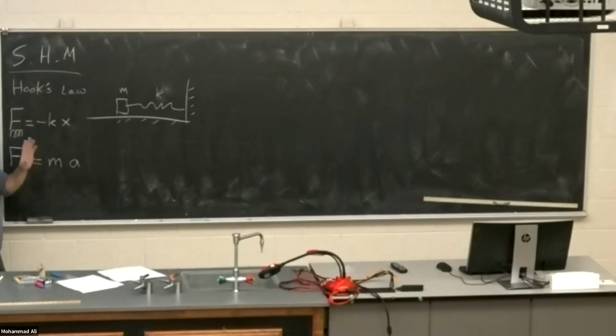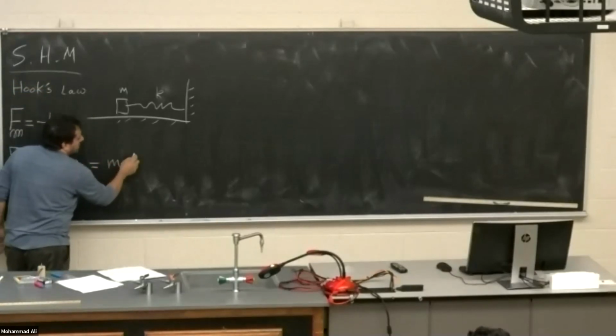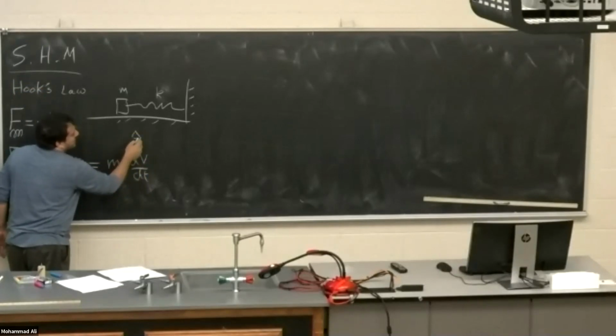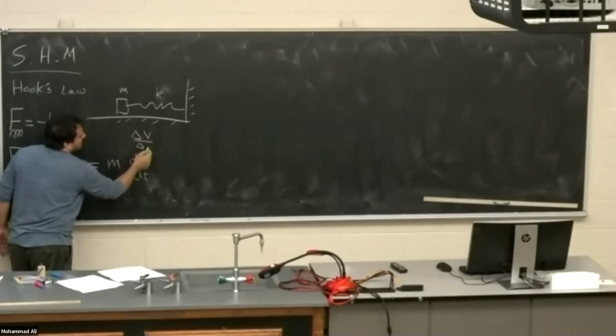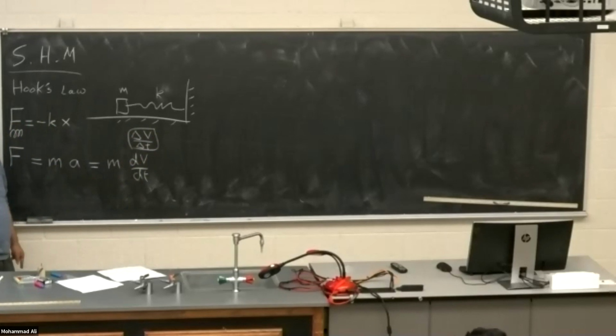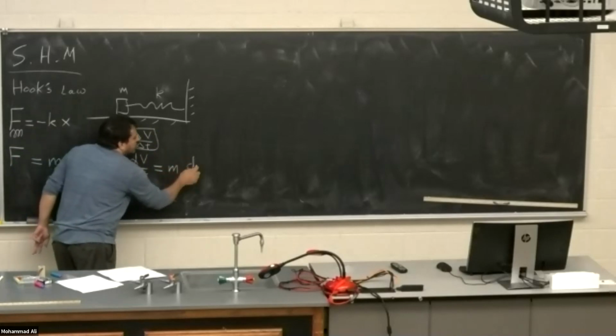The acceleration is the derivative dv by dt, the instantaneous velocity. If we put x there, it will be the mass times d2x by dt squared.